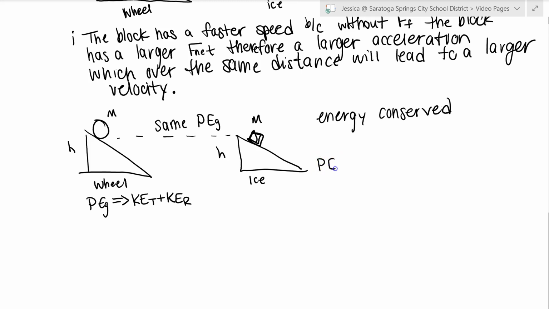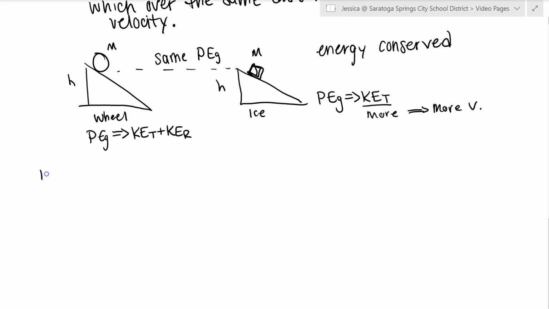Whereas with this block of ice, all of that initial gravitational potential energy is going to turn into linear or translational kinetic energy. So that means that the ice has more kinetic energy, which is going to lead to more velocity. So that's essentially what I need to explain.